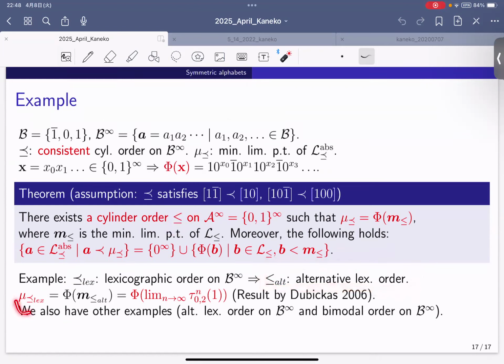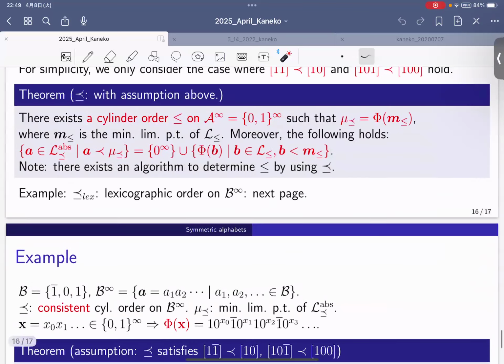And the minimal limit point is the map of the minimal limit point related to the alternative lexicographical order. And this value is written in terms of the limit of tau 0 to n. This is here.